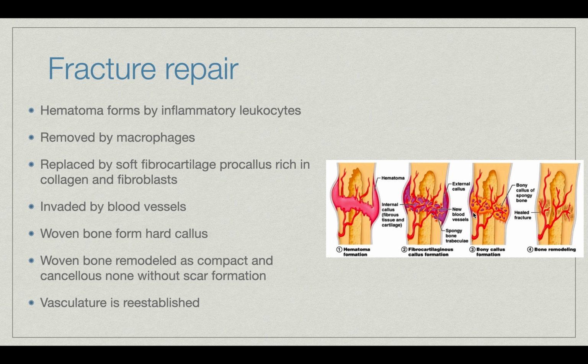And then the woven bone will form the hard callus as the fibrocartilage is mineralized. And then the woven bone is remodeled as compact bone and cancellous bone without any kind of scar formation. And then vasculature is reestablished.